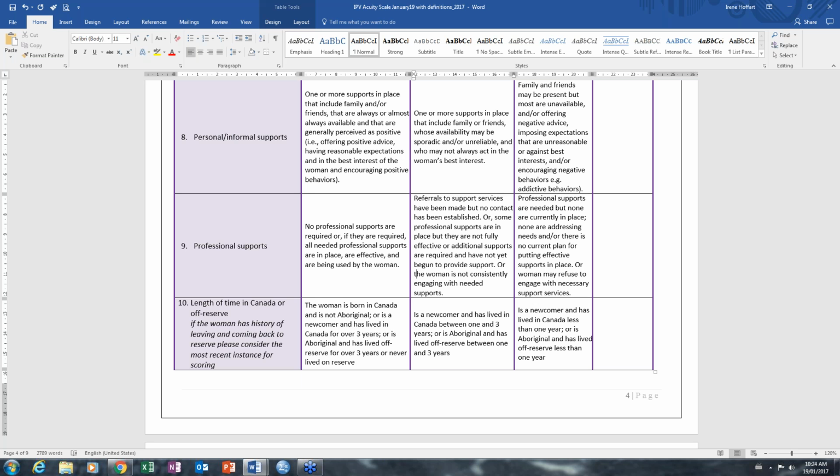But if they have been in Canada for more than 3 years, then we give them 0. So that's just a separate question. She might still have a lot of other issues, and we are getting at those other issues elsewhere in the scale. This particular question just adds that little bit more to the complexity.